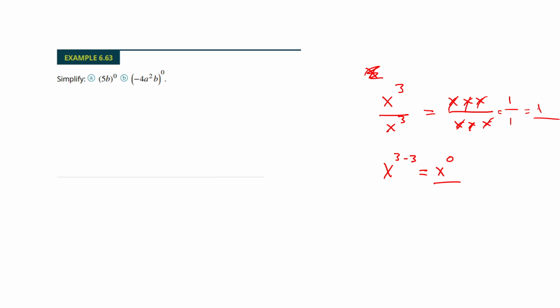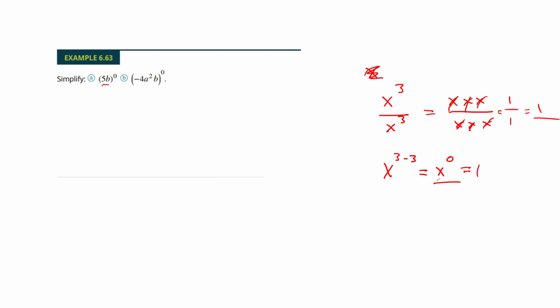It would all cancel down to 1. If I did our shortcut, we'd have x to the 0th power. So x to the 0th power has to be the same as 1, or the rules of math have been broken. And so x to the 0 is defined to be 1. And if that's true, anything to the 0th power is going to be the number 1.